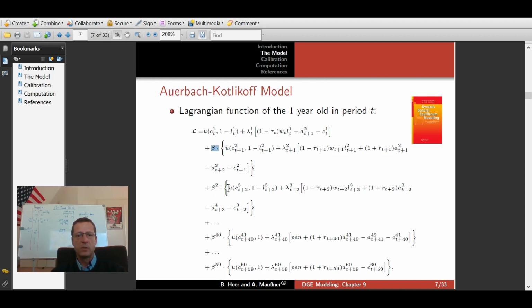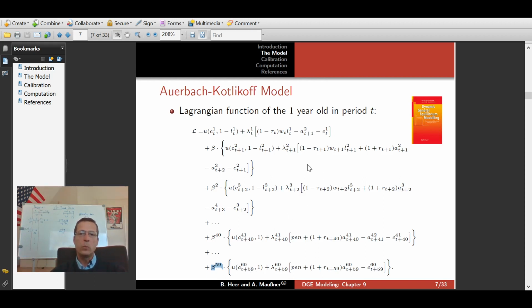We have instantaneous utility at age 3, which we discount by beta squared, and so on. And in our last period, we have the utility as the 60-year-old, which we discount by beta to the power of 59. Our labor supply is equal to 0, so that leisure is equal to 1, and we consume C60 at age 60 in period t plus 59.